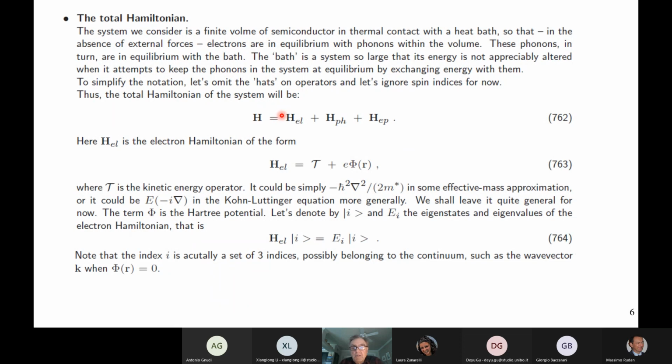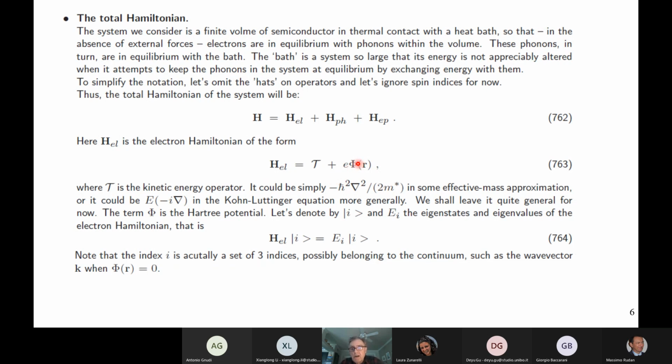So the idea is to start from this system. We assume that this system is originally off equilibrium. We use as basis functions for our states the eigenstates of the unperturbed Hamiltonian. And the unperturbed Hamiltonian will be the electron Hamiltonian, given by some kinetic energy operator, viewed as the usual kinetic energy term for parabolic bands, if you wish, or free electrons, and an external potential.